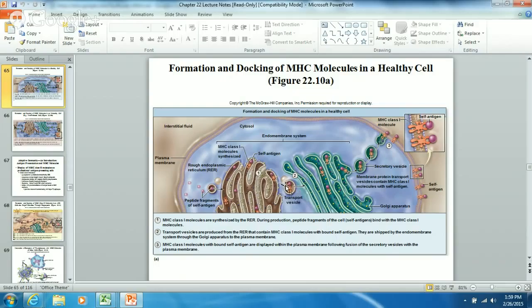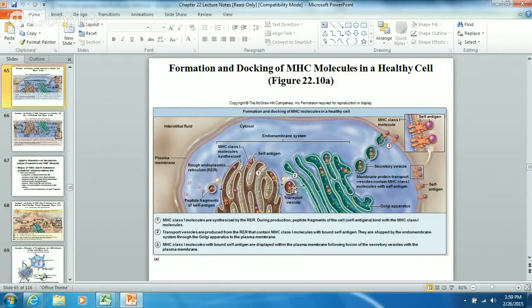Before we get to the transport vesicle, let me back up. That peptide fragment here inside the ER, endoplasmic reticulum, is then attached to a MHC1 molecule, which is this big surface protein. The self-antigen is attached to it, and then it's put into a transport vesicle.